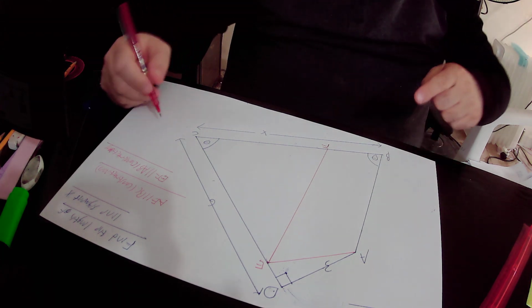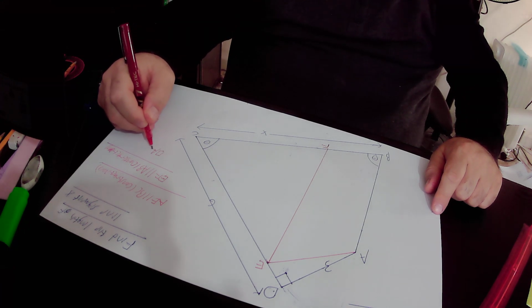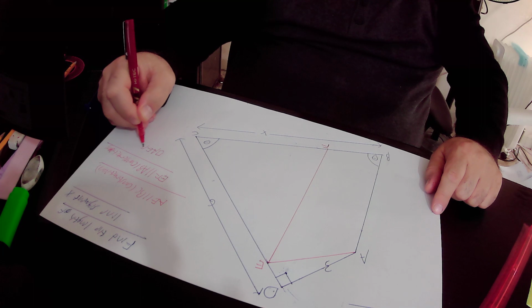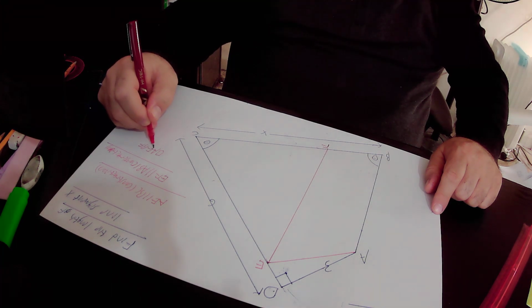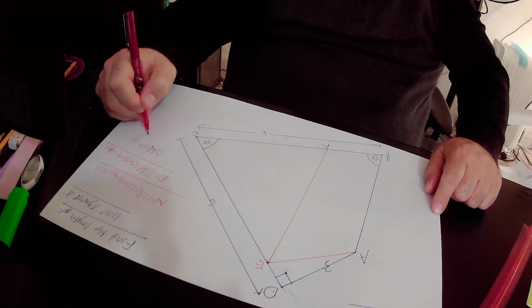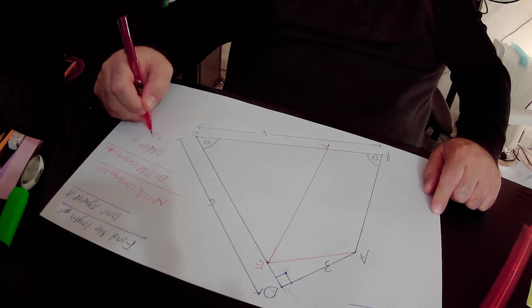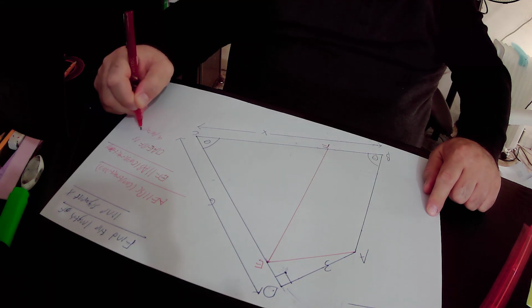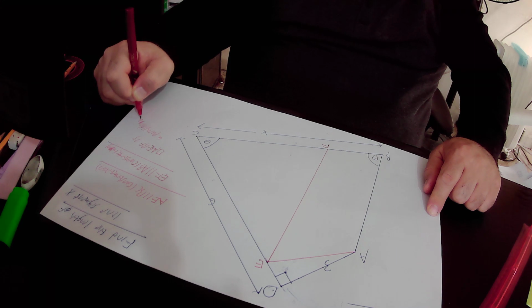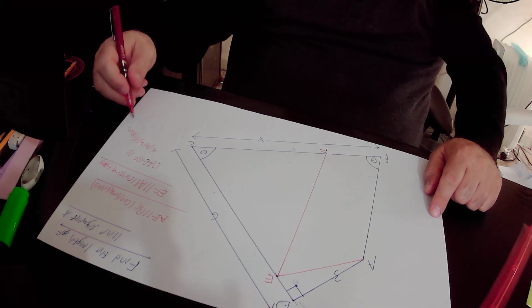So quadrilateral AEBF that we created here is a parallelogram. Why?